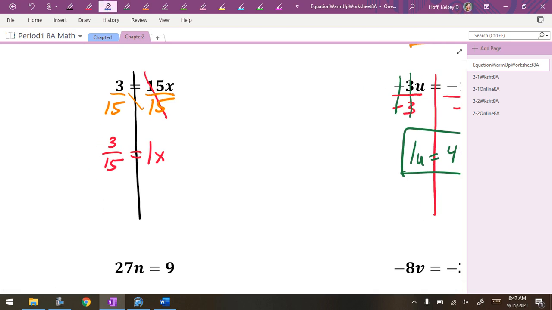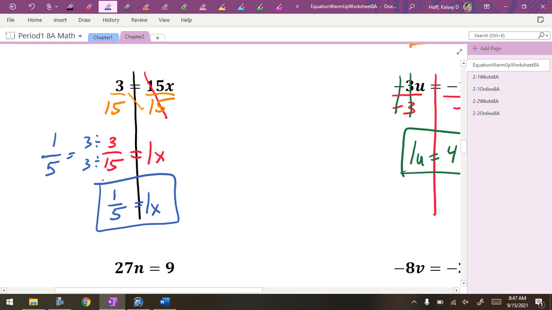Courtney thinks we can divide a 3 out of there. Okay. 3 divided by 3 is 1. 15 divided by 3 is 5. 1/5.